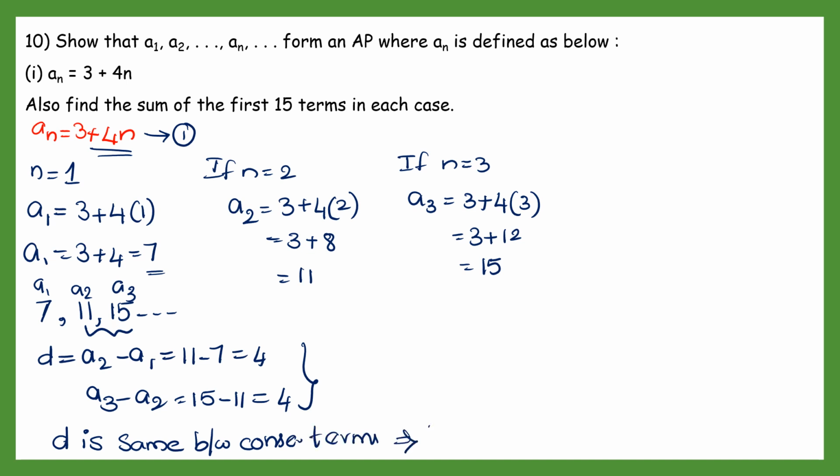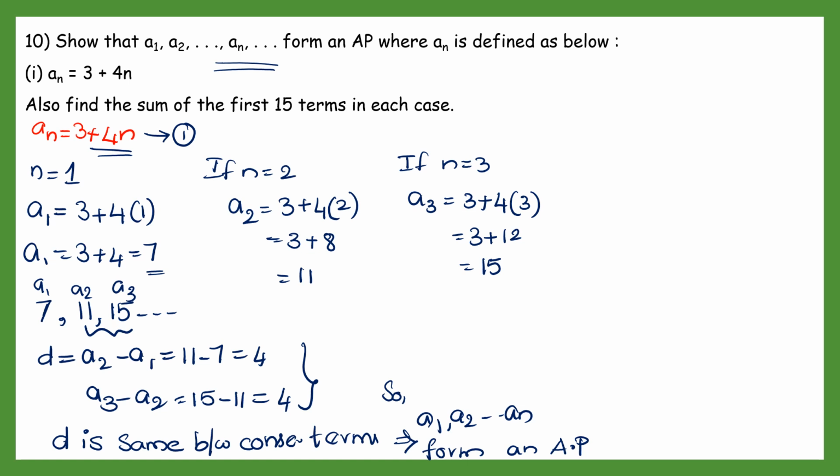So, a1, a2 and so on an form an arithmetic progression. So one part of the question is solved. We have showed that a1, a2 and so on an form an arithmetic progression.